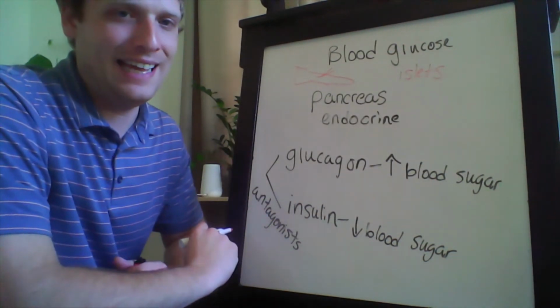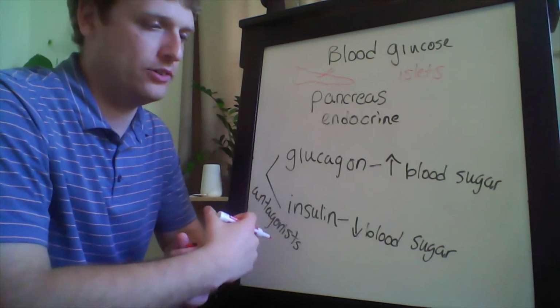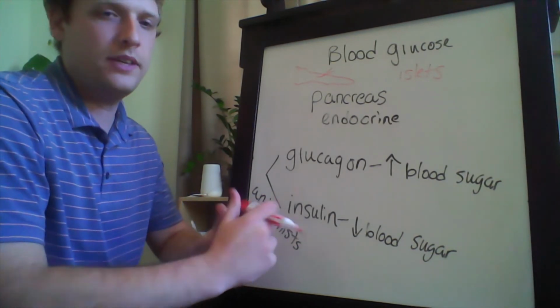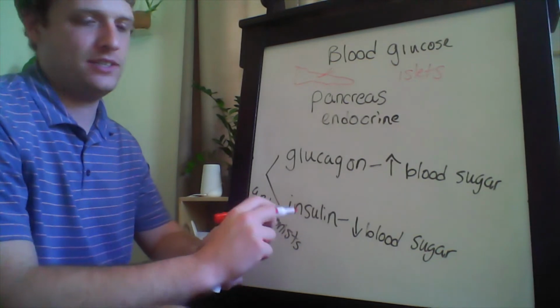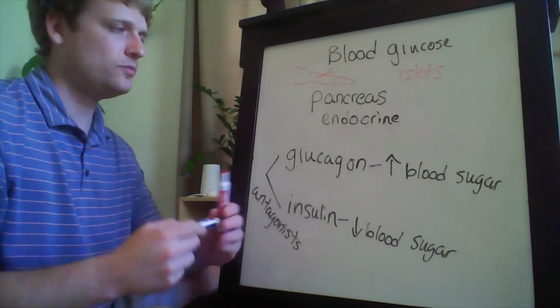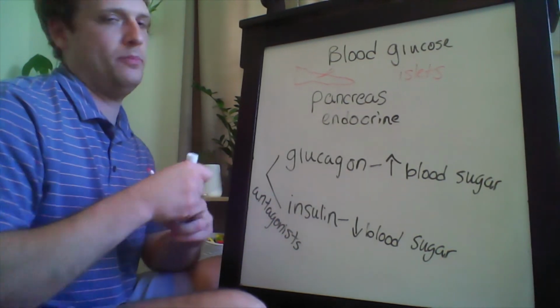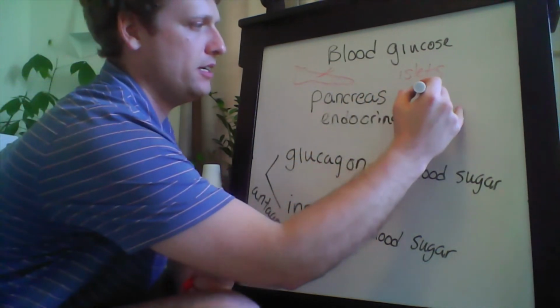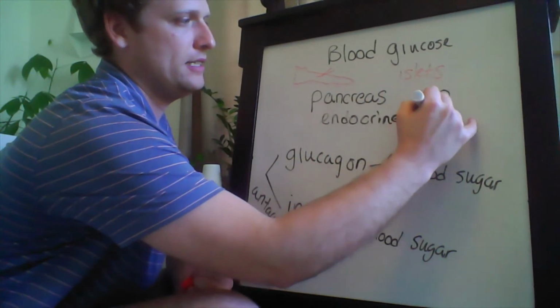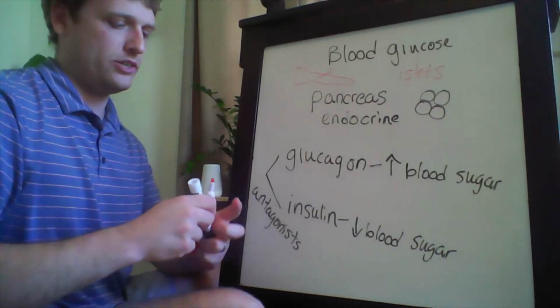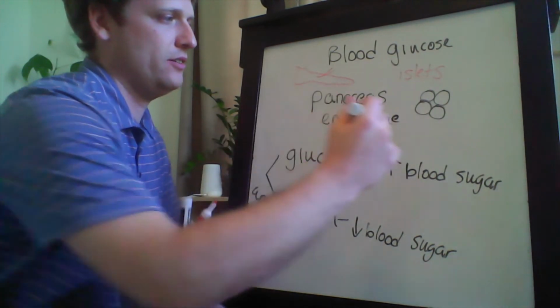Islets of Langerhans is the technical term for them. But what these are is just little patches of cells, little clusters of different types of cells.